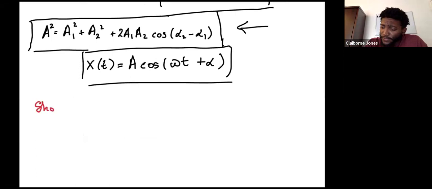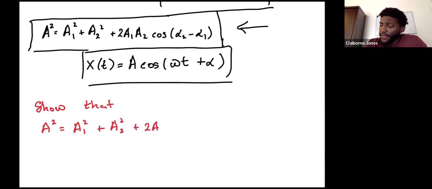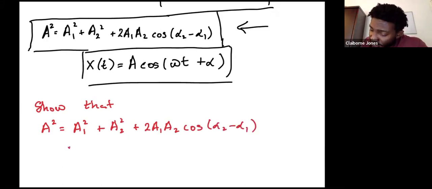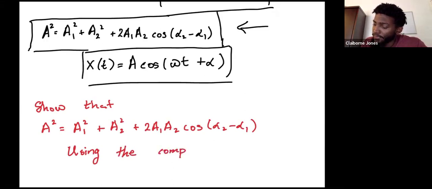Show that a squared is equal to a1 squared plus a2 squared plus 2a1 a2 cosine of alpha 2 minus alpha 1, using the complex exponential form of the disturbances.